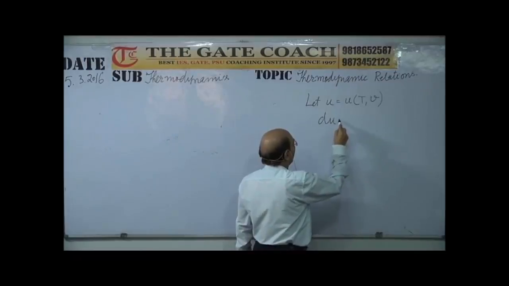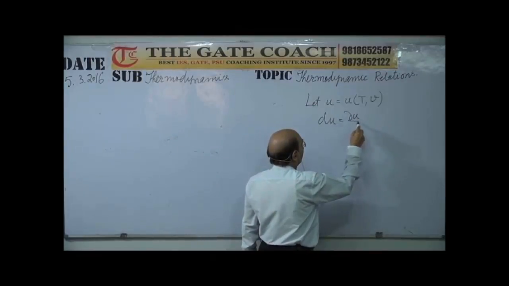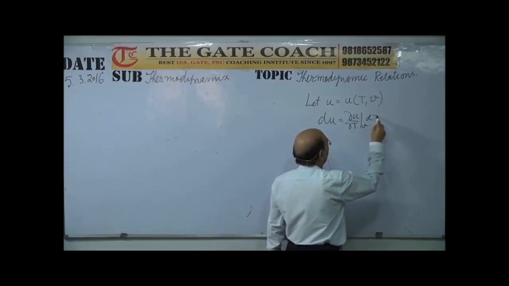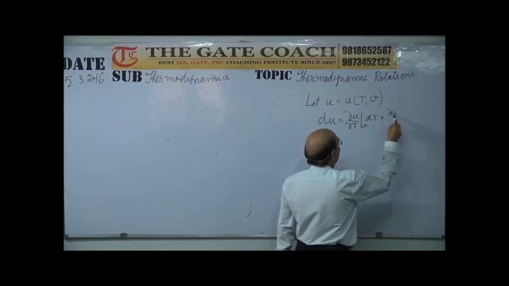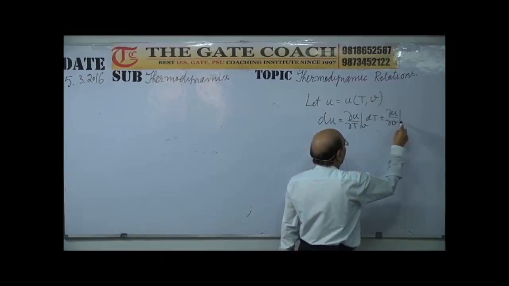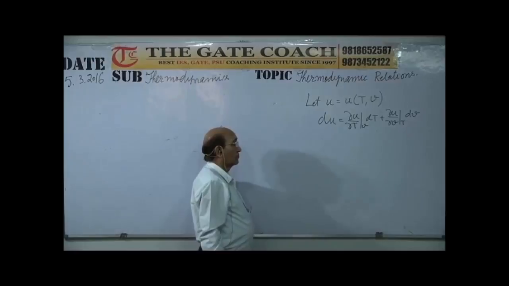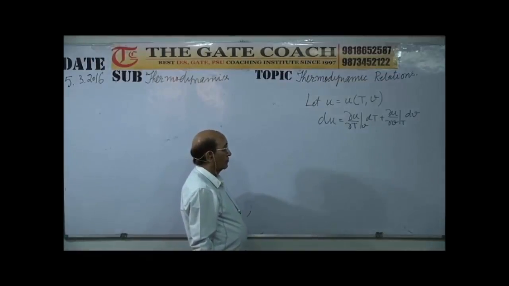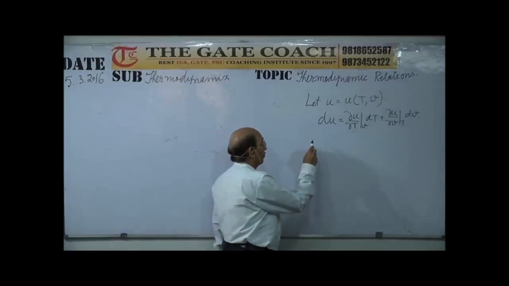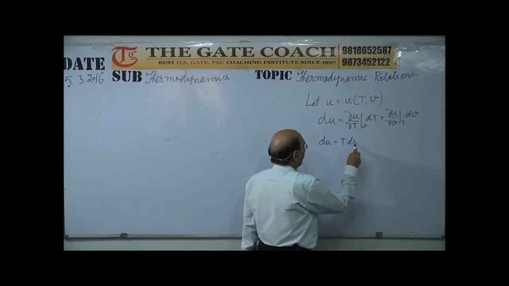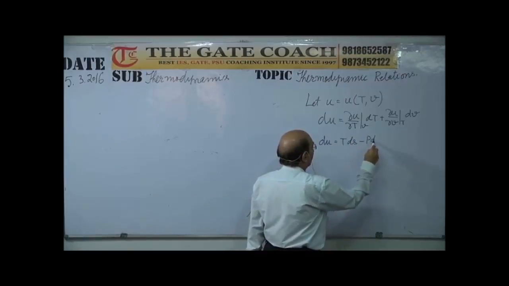So dU can be written as del U by del T at constant volume into dT plus del U by del V at constant temperature into dV. dU is also TdS minus PdV.